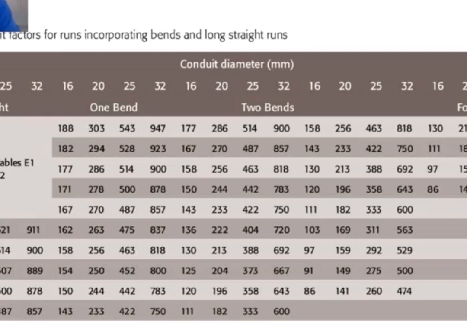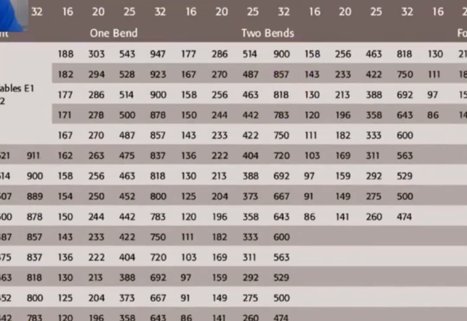And so now, when we're doing circuits that aren't short straight runs, we're using tables E3 and E4. Now, as you can see, these go up to 32mm. If we're doing anything larger than 32mm, I've got 3 additional factors in this bottom corner.